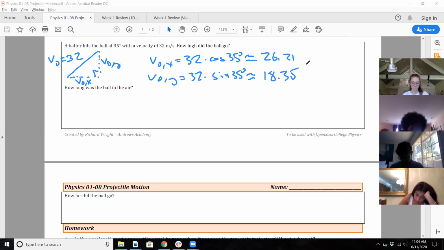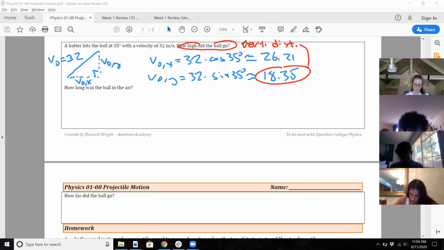All right. So how high did the ball go? So because I'm doing vertical motion, you're going to want to use this first. And also you're going to want to use the solve for time as well. But how high did it go? Okay, so I know my V0 in the y direction, 18.35.